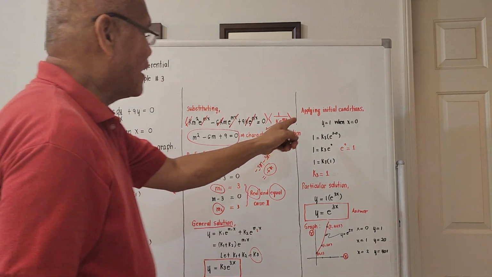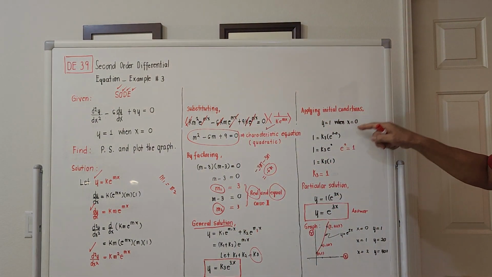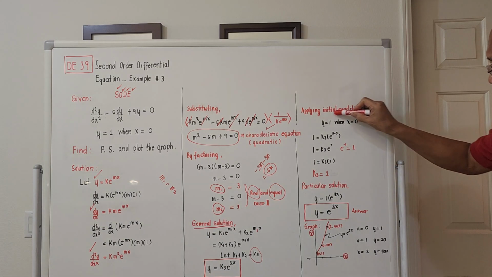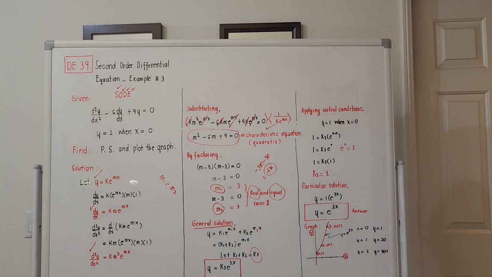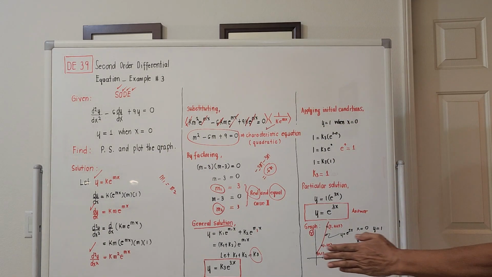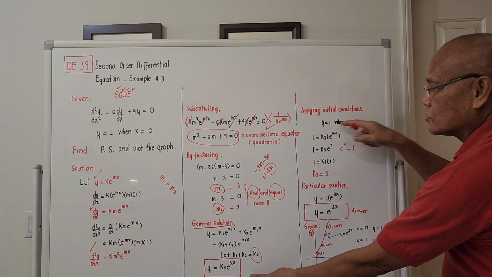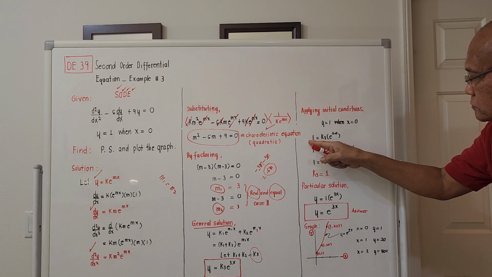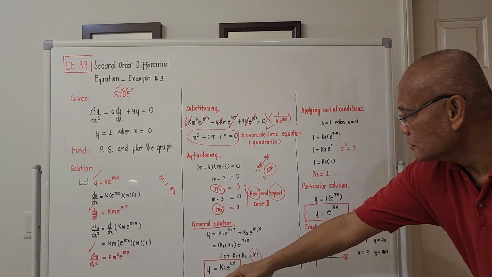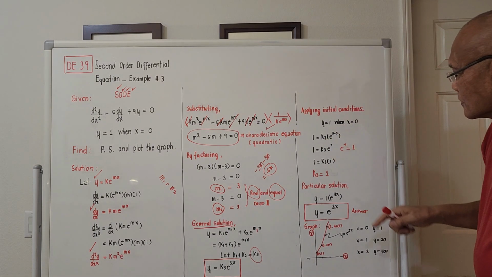The significance of this is that if we apply these conditions here, we could solve for k3. So going back to the general solution, we will apply this initial condition and we could compute for k3. So 1 now equals k3 e raised to 3 times 0.